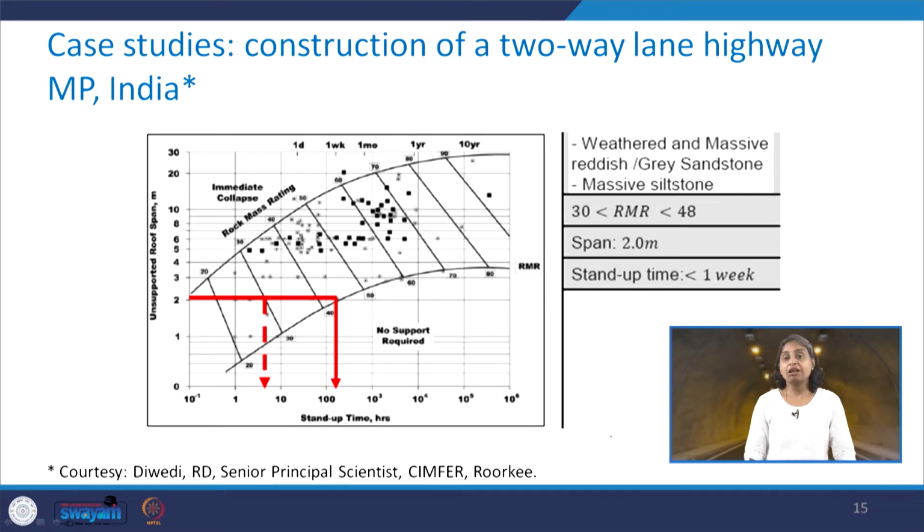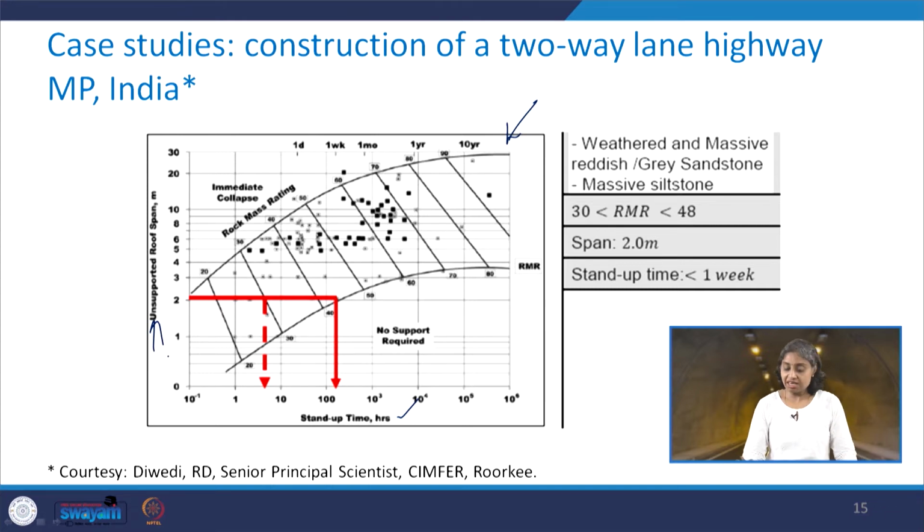If you recall, we discussed this particular figure, which gave us the idea of how, based upon the rock mass rating, you can decide upon the stand up time and the unsupported roof span.